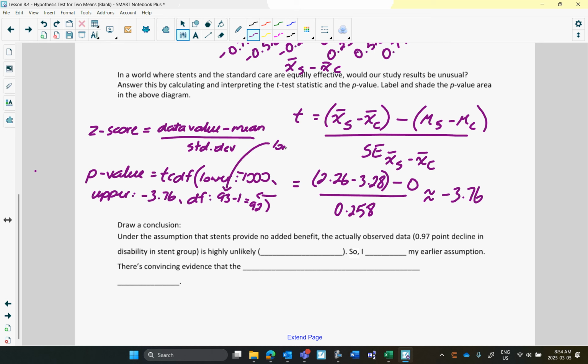And that's the lower sample size. So when we calculate all of that, it's going to give us 0.0001.